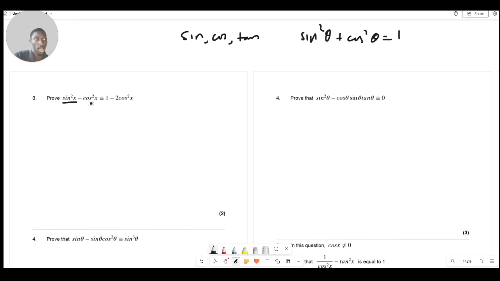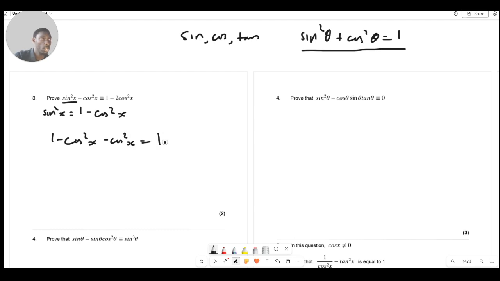So what that means is I could remove the sine term, and I know using this identity, which I've written, I can have my sine squared equal to 1 minus cos squared x. So I'm going to replace that: 1 minus cos squared x minus cos squared x, and that equals 1 minus 2 cos squared x. So yeah, that's nice and easy.